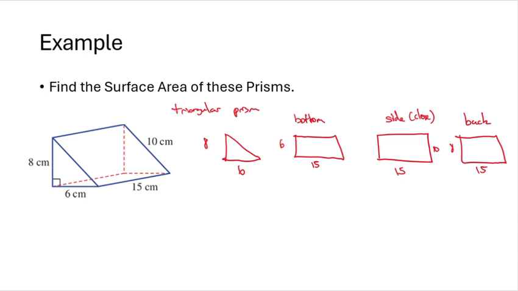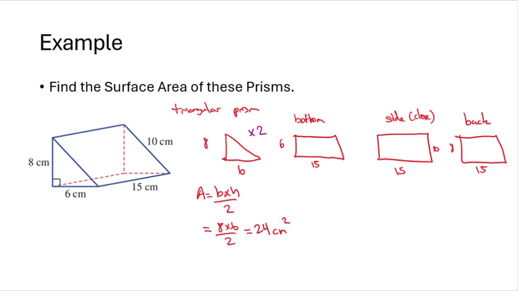Okay. So the area of a triangle is base times height divided by 2. That equals 8 times 6 over 2, which equals 24. Now, have you noticed that there are actually two triangles? So you got the one in the front and you also got the one in the back.